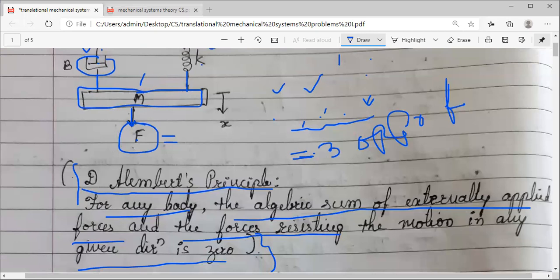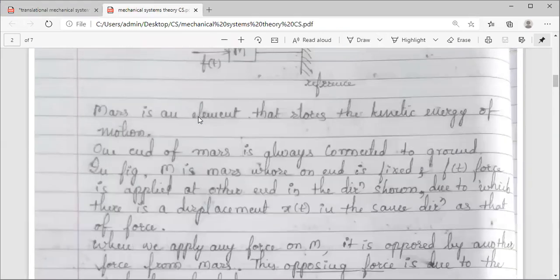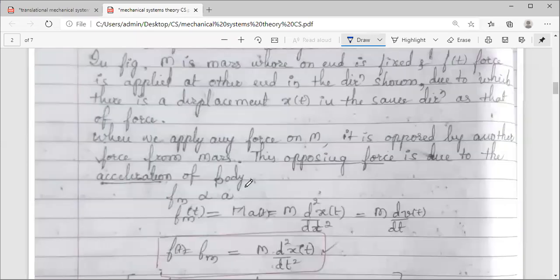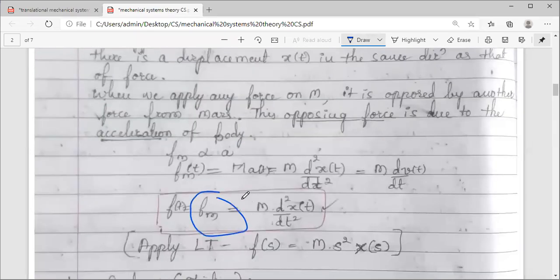From the basics, for a mass M, if a force is applied, some displacement occurs. The equation is FM equals M d by dt square of x of t.